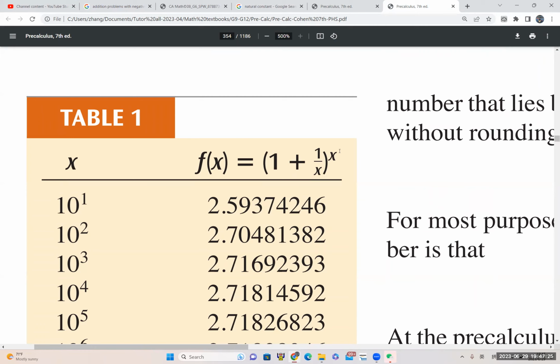If x is 1, it's just 2, right? If x is 2, yeah, you can keep going like this. When x approaches infinity, we get the result we call e, this natural constant.